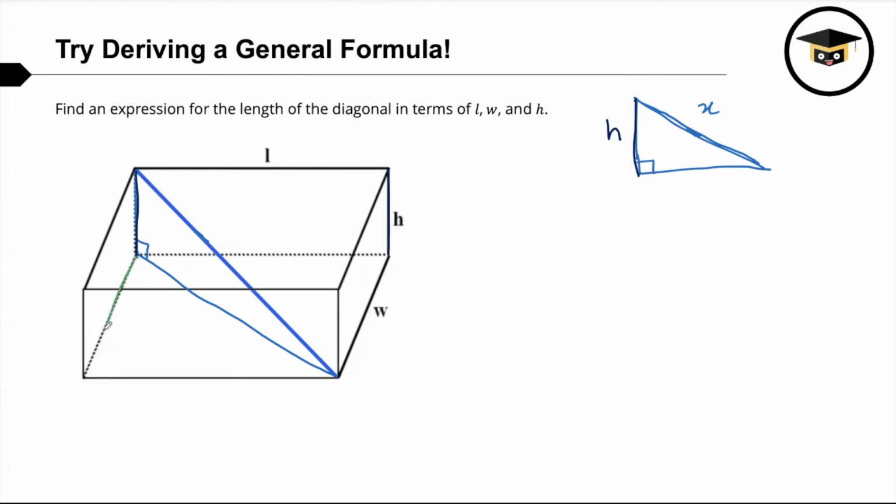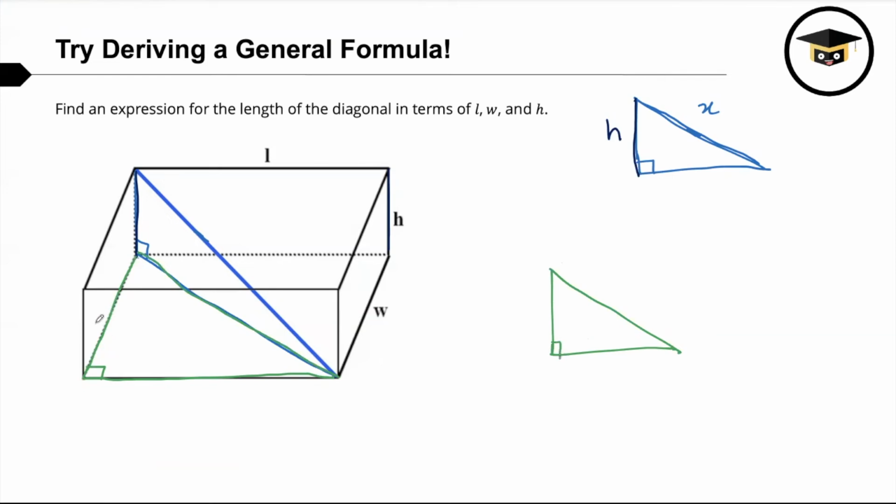So I'm going to draw a triangle that looks like this green triangle. You can see that this green triangle is a right-angled triangle because this is a rectangular prism, which means that this is a 90-degree angle. Now, let's just draw this triangle over here. What do I know about the sides?